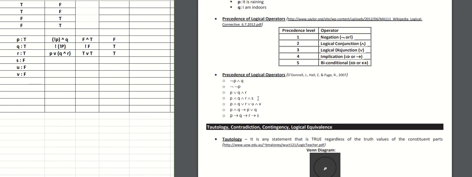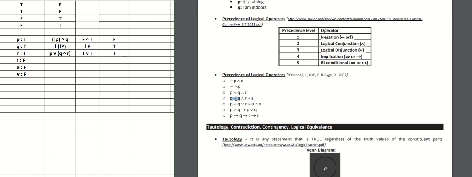We have three AND operators. Based on the rule, since we have the same operators, we first get the truth value of the operator on the left.